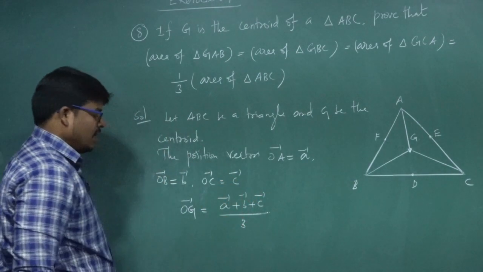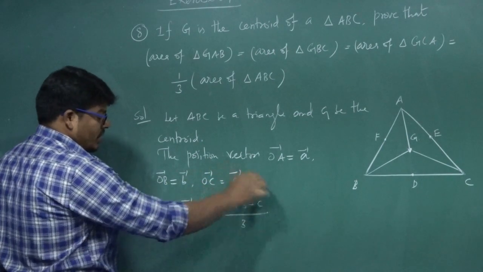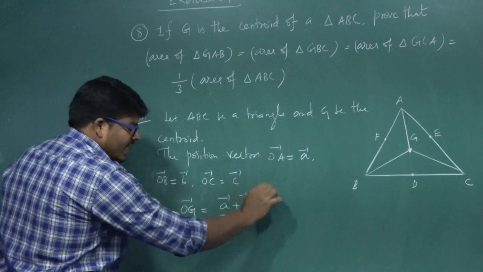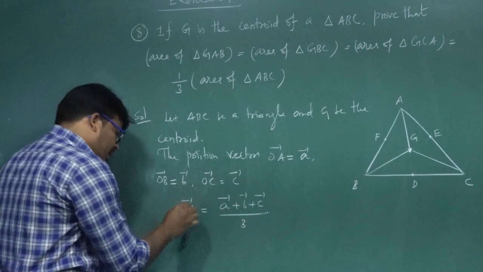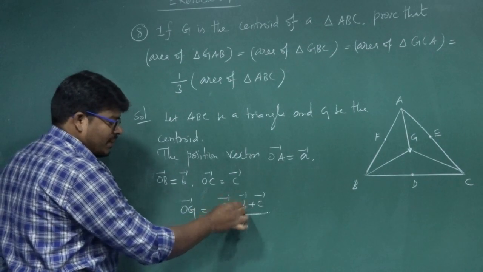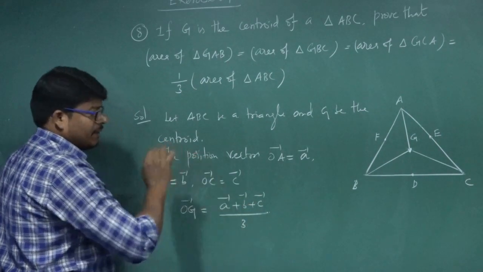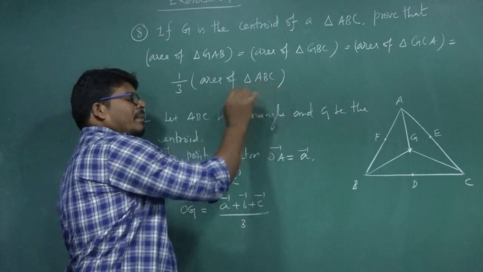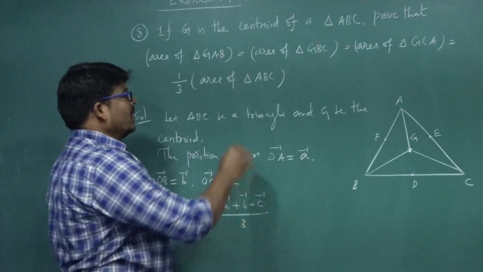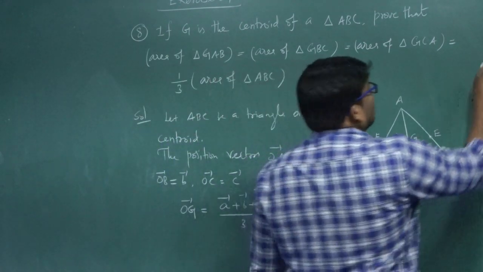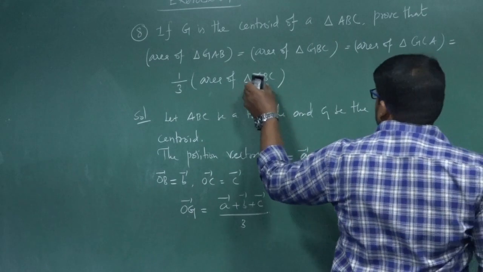So the position vector of G is OG vector equals a vector plus b vector plus c vector by 3. First, now find the area of triangle ABC.